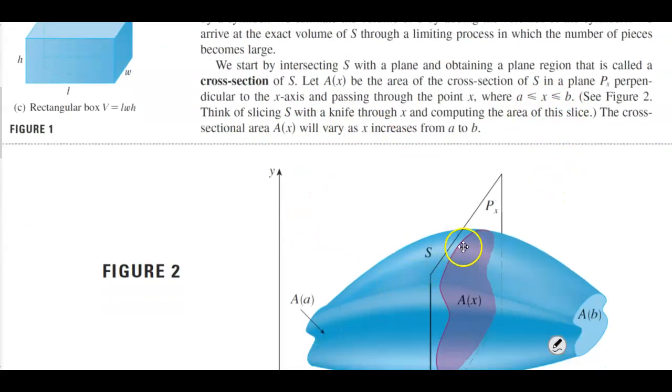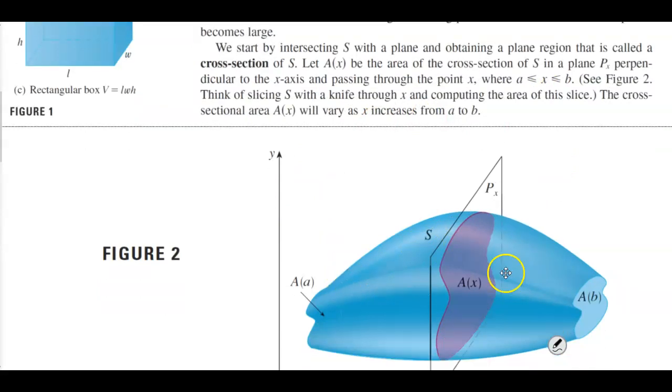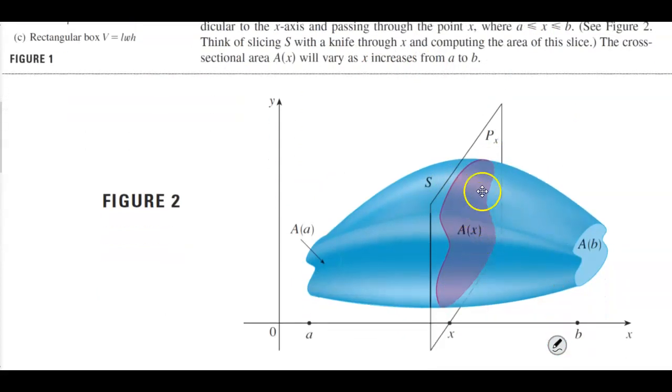Take a look at this figure 2, and think of this solid S as being sliced with a knife through x, and then computing the area of this particular slice.